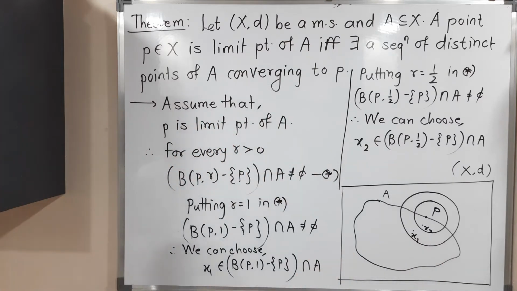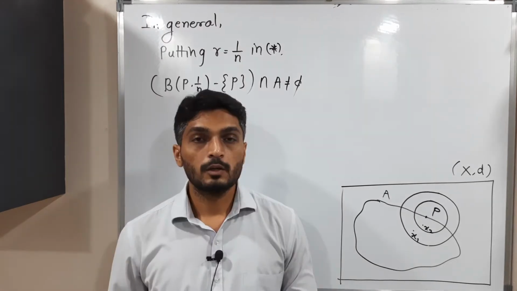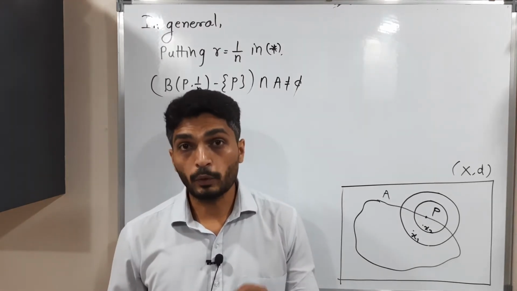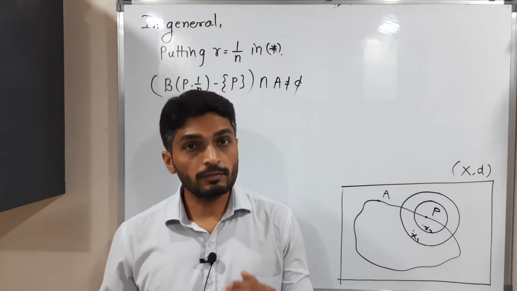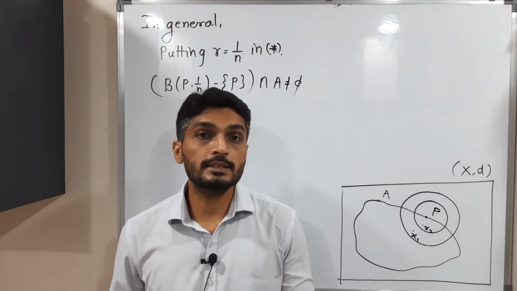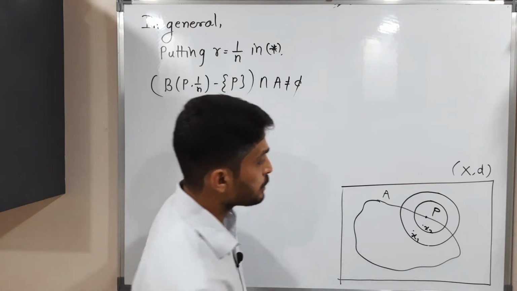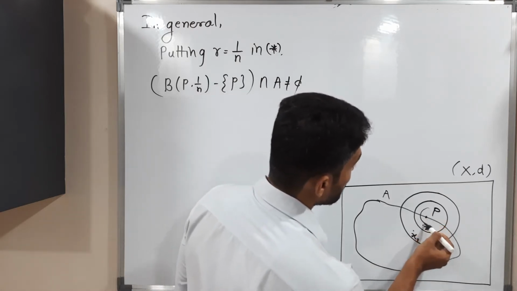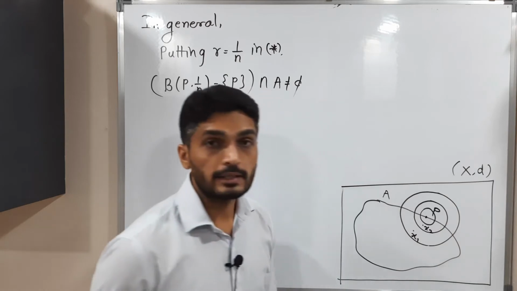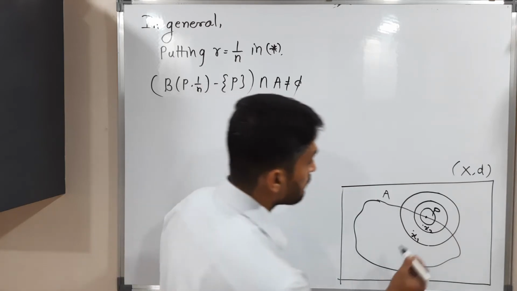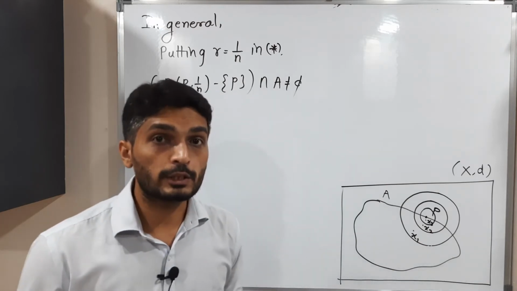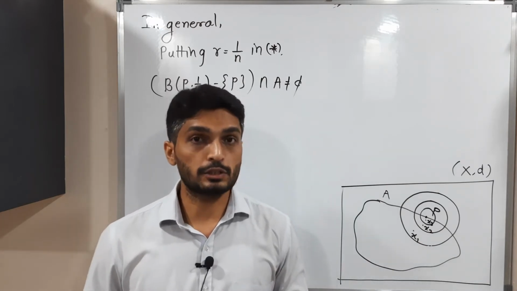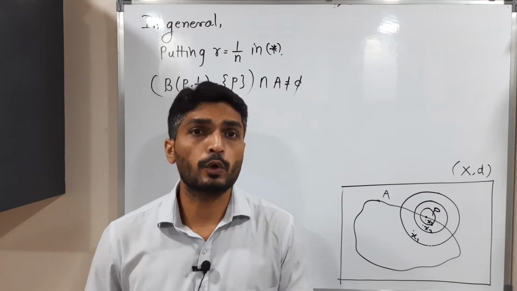There is no more space, so make a screenshot of it, then we will go further. One thing I should add here: point x2 should be different from x1. After that I will repeat the procedure for r equal to 1/3, reducing the radius again. Then again we can find some point x3 other than x1, x2 which lies in the intersection, since each time we are getting intersection not equal to phi.